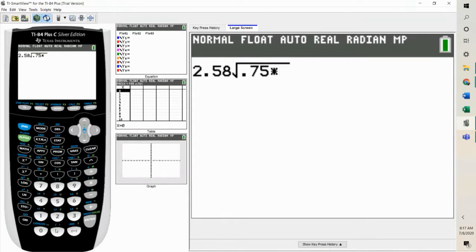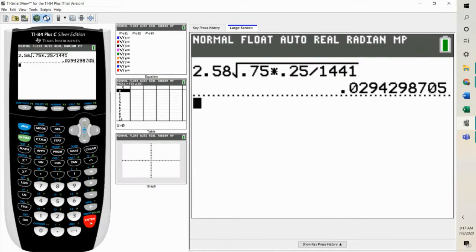Q is 1 minus that, or a quarter, so 0.25. And then we divide by the sample size, which was 1441. And then you don't need parentheses. Hit enter. So this gives you your margin of error, again, multiplied by 100. So it's 2.9428.